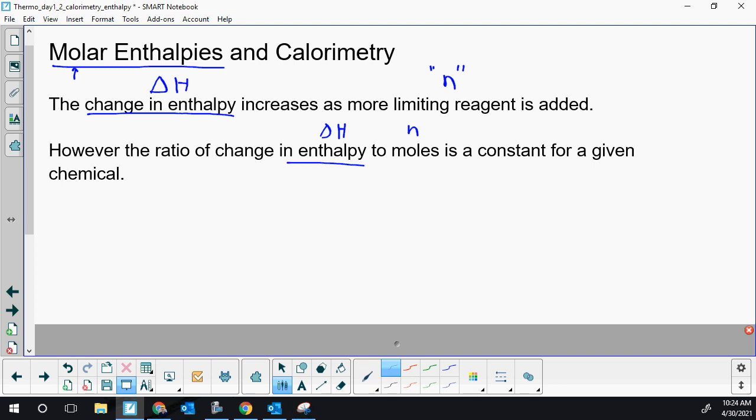Now enthalpy to moles, that word to implies division. So now we're building one of the most important formulas we're going to use this unit. The ratio of change in enthalpy to moles. I'm highlighting both of these are variables.